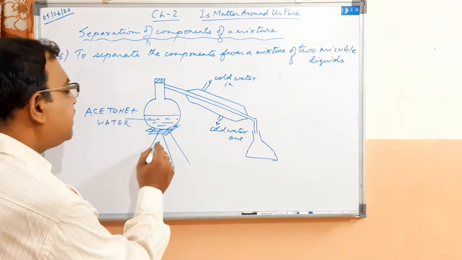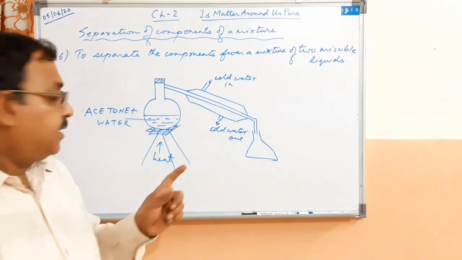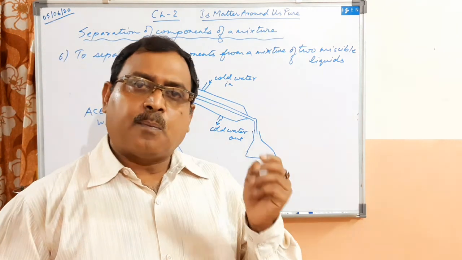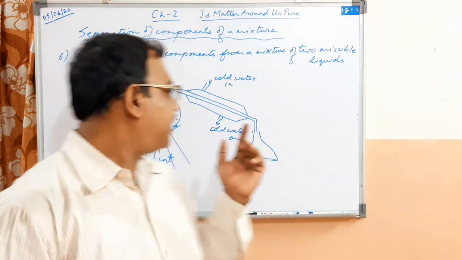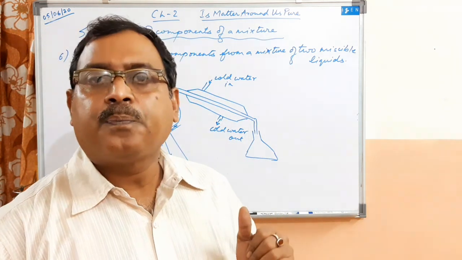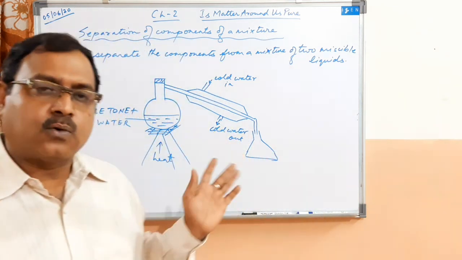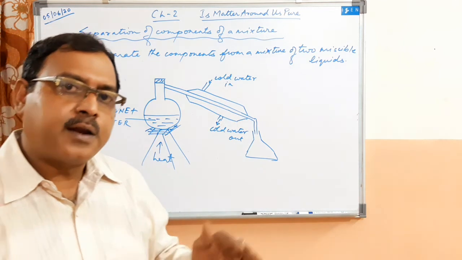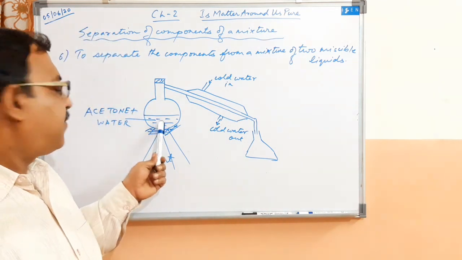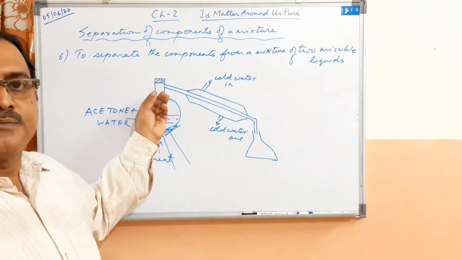As it is heated from bottom, the one whose boiling point is less, in this case, the boiling point of acetone is much less than that of water. Water boils at 100 degrees centigrade, whereas acetone boils at a much lower temperature. So acetone first starts evaporating from this mixture.